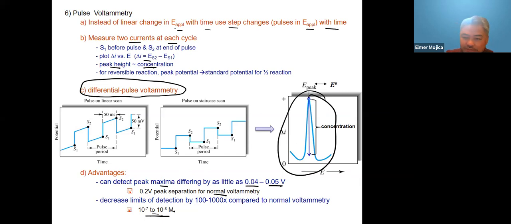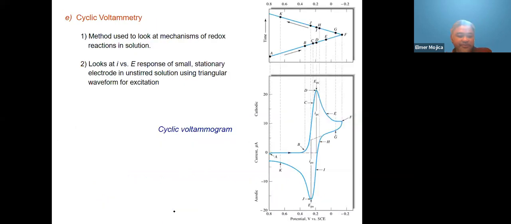Now, the one that we commonly use, if you want, let's say, to characterize the redox potential, yun yung tinatawag na cyclic voltammetry. What does it do? Okay. You ramp up the potential and then reverse it. And what you're going to look at here is just the redox window.